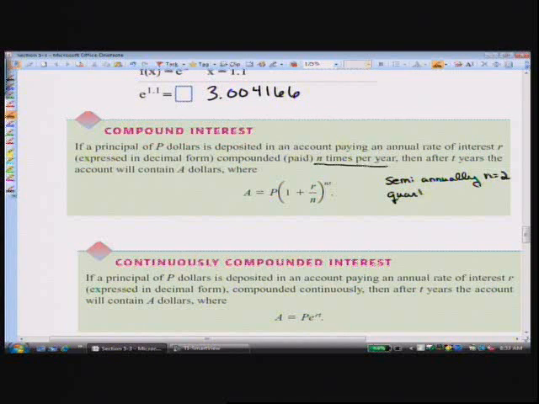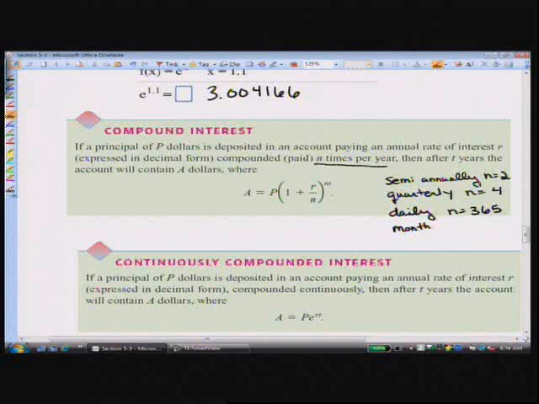Quarterly, your n equals 4. Daily, n equals 365. Monthly, you get the picture, right? N equals 12, right? Biannually would be n equals 2, twice a year. Annually, n equals 1. So we have that formula.